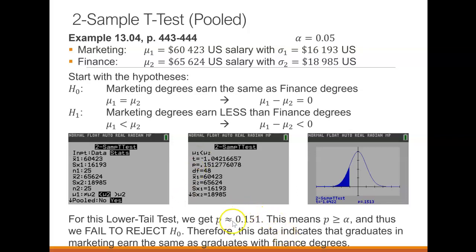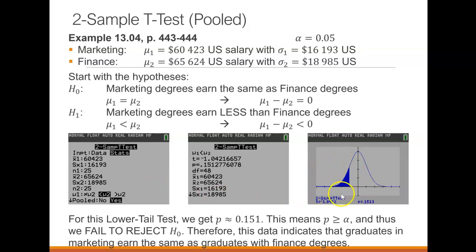Notice our P is definitely bigger than 0.05, so we fail to reject the null hypothesis, which indicates that the two salaries are really kind of the same, even though the means from our samples were kind of different.